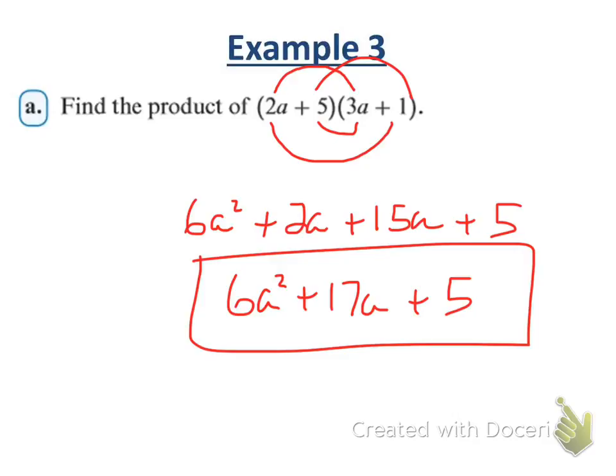All right, so let's have a look at the answer to the original problem, or the answer to the process. And I'm going to ask you to pay attention to this. What is 6 times 5? 30. You see anything else anywhere that ties into 30? 5 times 2. 2 times 15 is also 30.